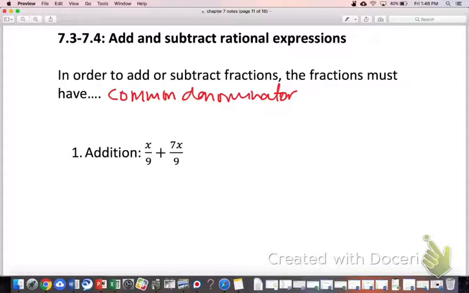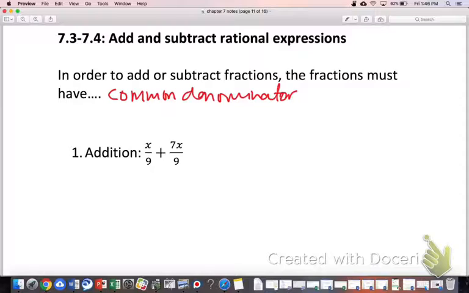With number 1, it says add x over 9 plus 7x over 9. In order to add, we need to have a common denominator. Do I already have a common denominator, or am I going to have to work for it? Already got it, right? The 9s match up. So the denominator is already a common denominator. When you add fractions, what do you do with the denominators? They stay the same.